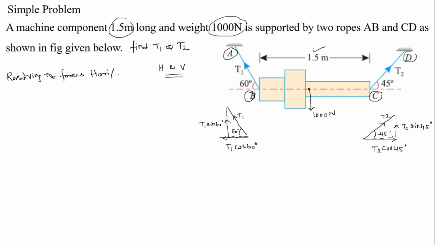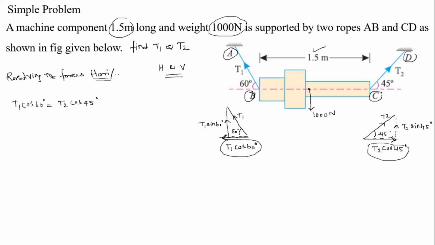Now resolving the forces horizontally, both horizontal forces are in opposite directions, so the arrow mark is towards the left side here and towards the right side there. So T1 cos 60-degree is equal to T2 cos 45-degree.